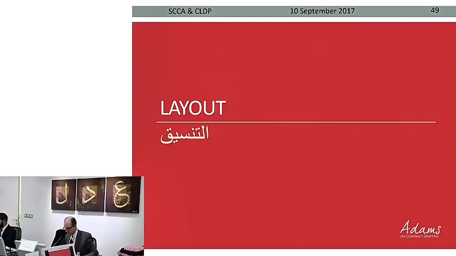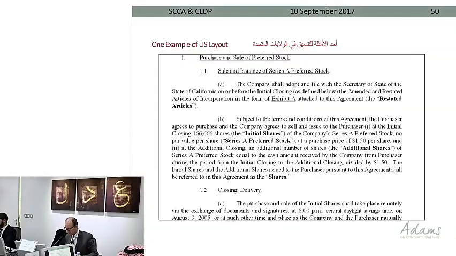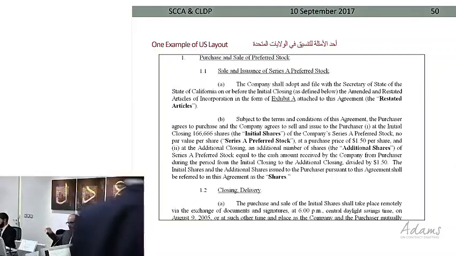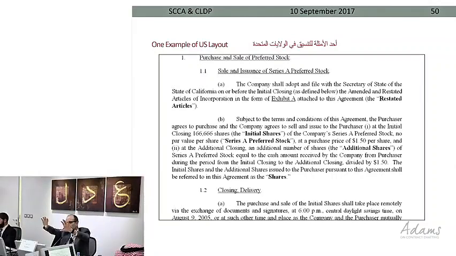Start with considering layout. Layout is a matter of how you arrange text on a page and how you number the text. Few people are as excited about layout as I am, so I'll keep this short.